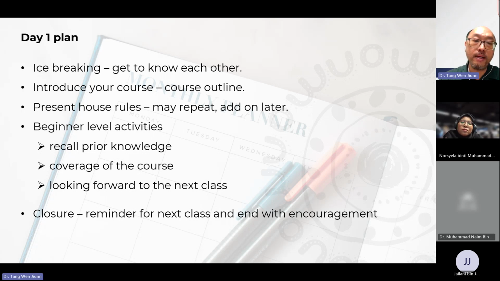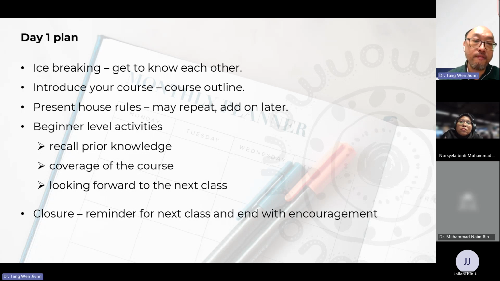So when we give them the beginner level activity, from there we can actually gauge, from their high school or the previous place, what the coverage is, what they already know. So this is very important during the beginner level here.